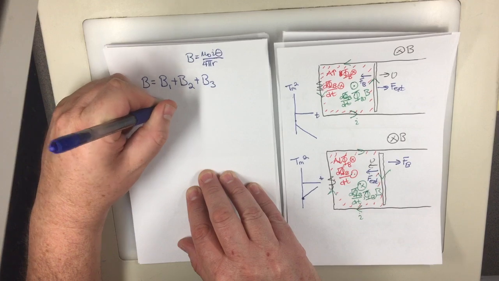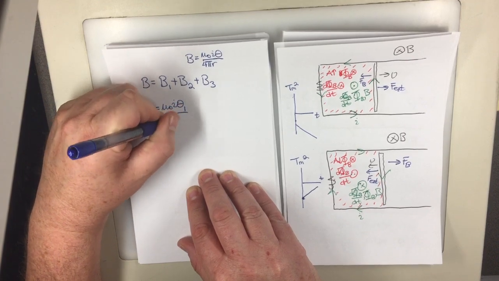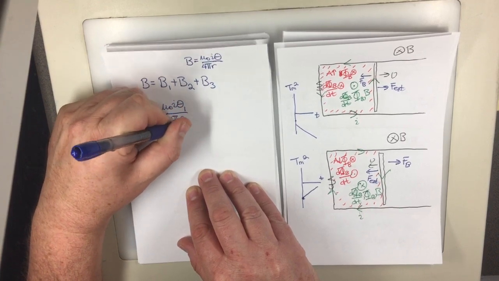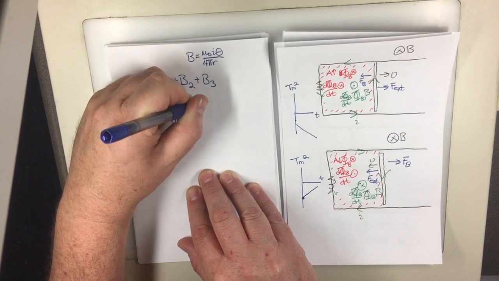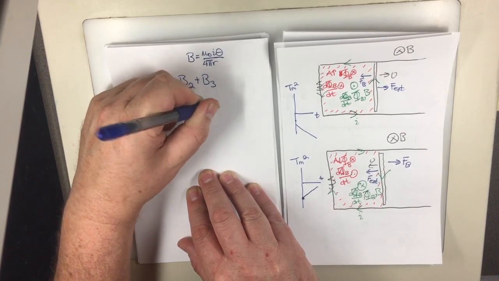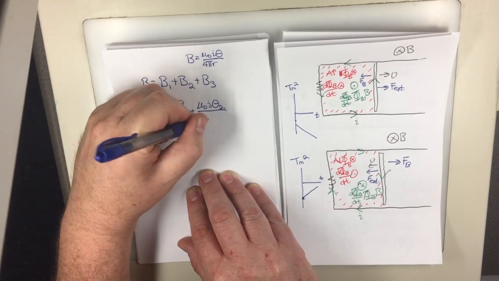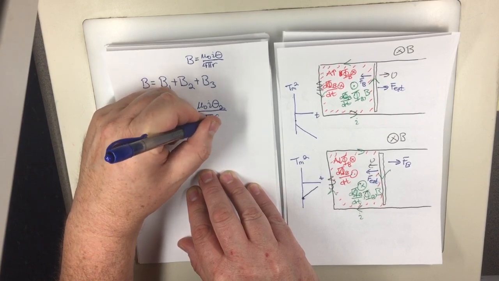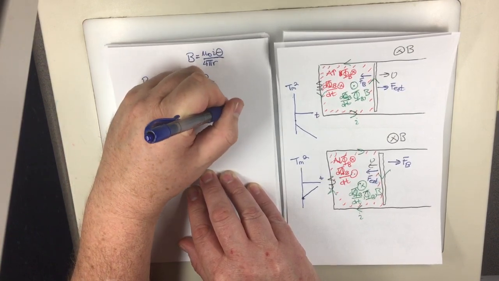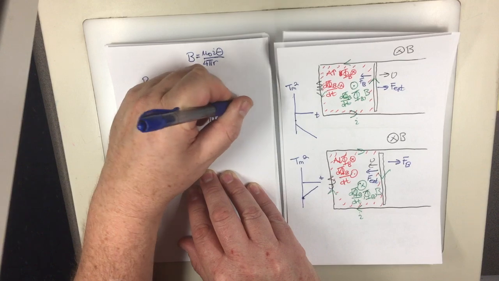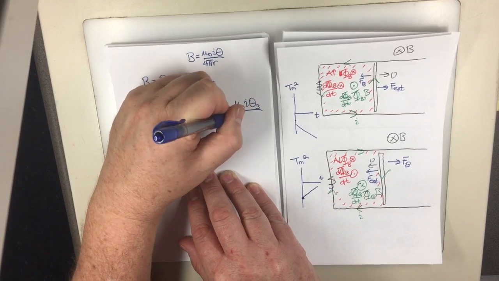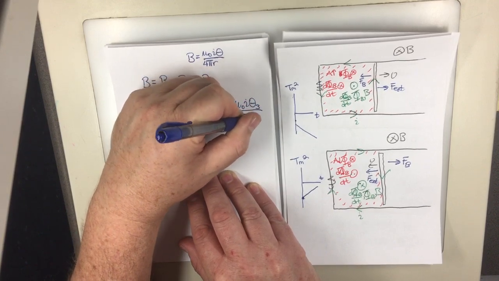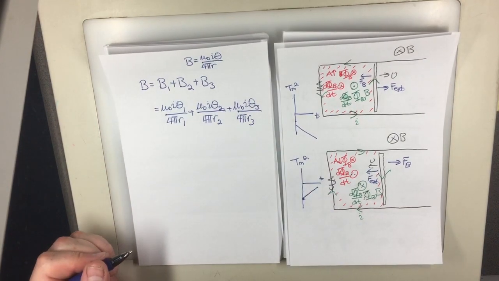So this becomes mu naught I theta 1 over 4 pi R1 plus mu naught I theta 2 over 4 pi R2 plus mu naught I theta 3 over 4 pi R3. Now this is the same length of wire, so the I's are all constant.